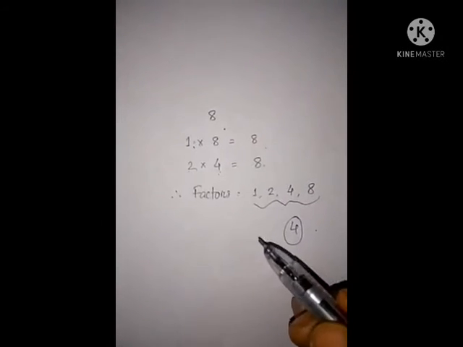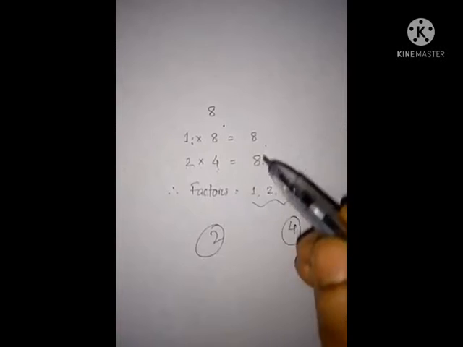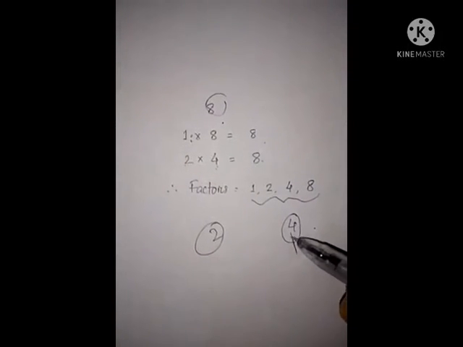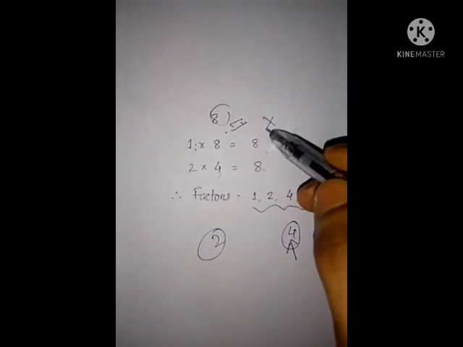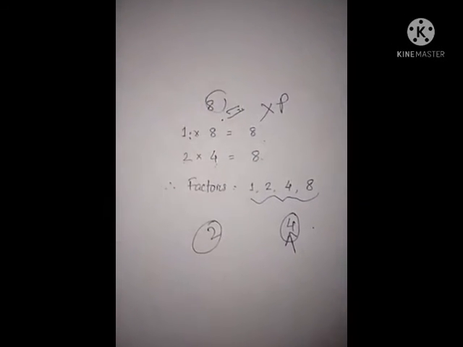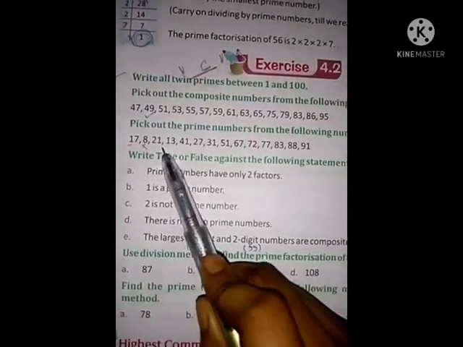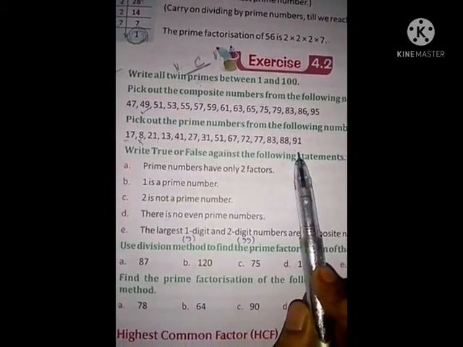A prime number has only two factors, but 8 has 4 factors. So 8 is not a prime number. This is a composite number. Understand? So like this, pick out the other prime numbers here.